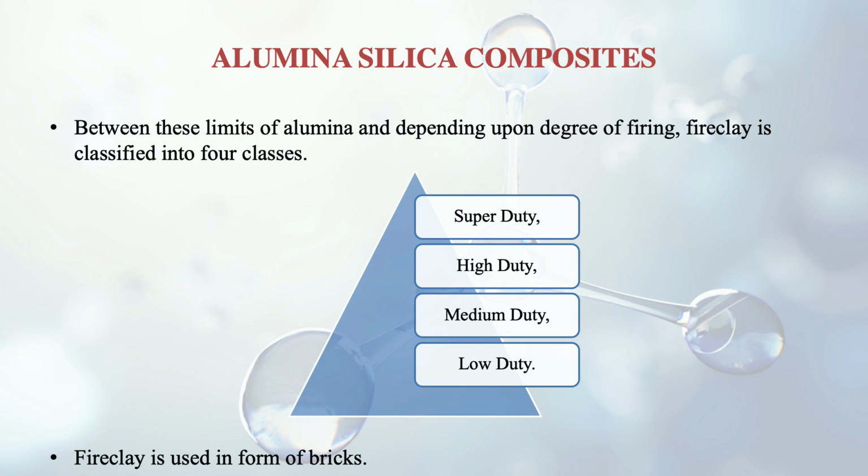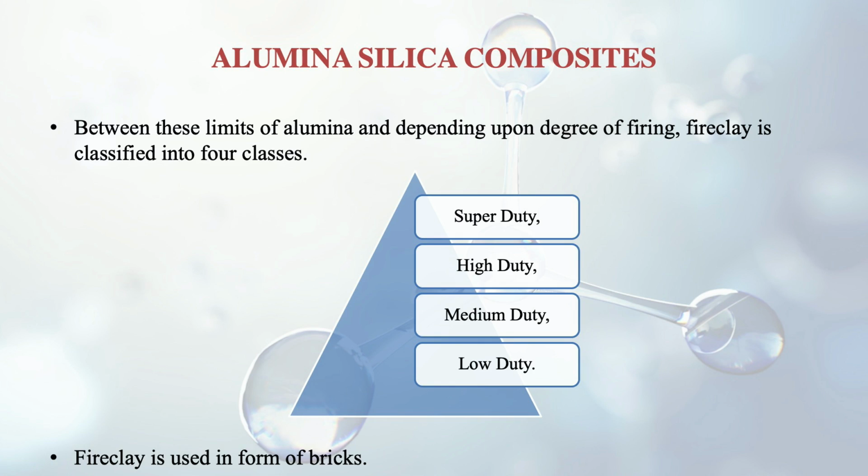So these duties are defined as per the softening temperatures, at what point the softening is taking place. There is a certain factor which is given, and this factor varies according to these 4 classes. And fire clay actually is used in the form of bricks.